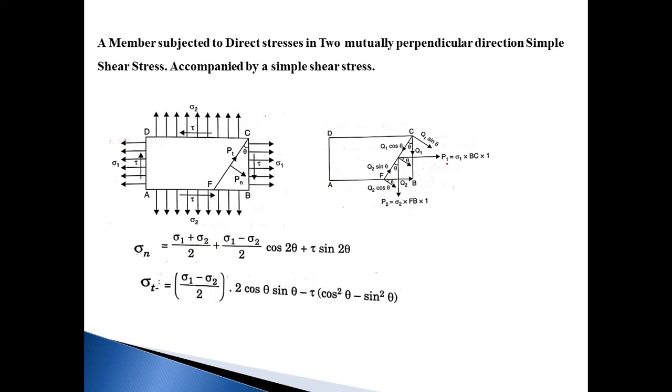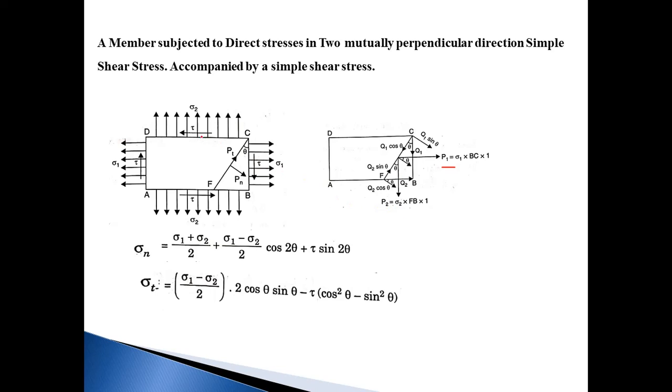These are the four components due to sigma 1 and sigma 2: two for P1, P1 cos theta and P1 sin theta, and two for P2, P2 sin theta and P2 cos theta.